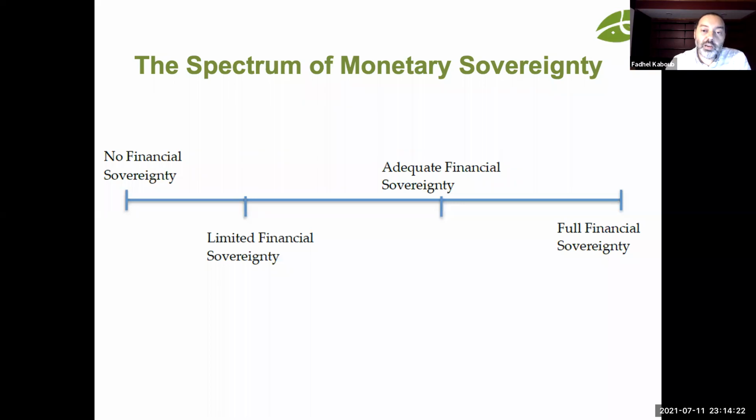And when you have autonomy and resilience to external shocks, you can walk away from a negotiation table without having to throw your people under the bus, without having your people starve and your economy be strangled. But when you have no monetary sovereignty or very little monetary sovereignty, you have no choice, you have no autonomy, you have no strategic vision to implement for your own country, because you're dependent on external mandates from the IMF or other lending institutions. So that's the beginning point.